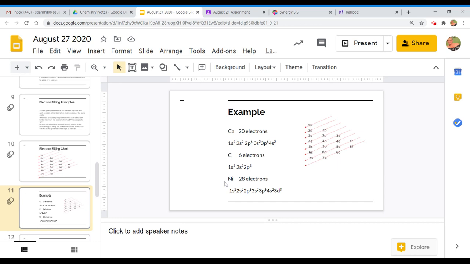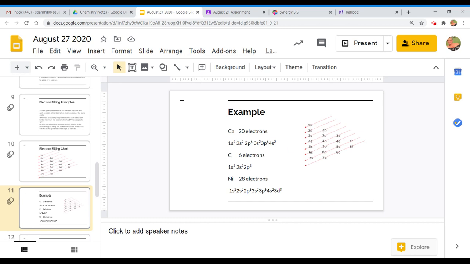All right, and then nickel. Nickel is element 28, so it has 28 electrons. And we're going to start again with the first energy level. You always start with 1s. It can hold 2. You go to 2s. It holds 2. You go to 2p.